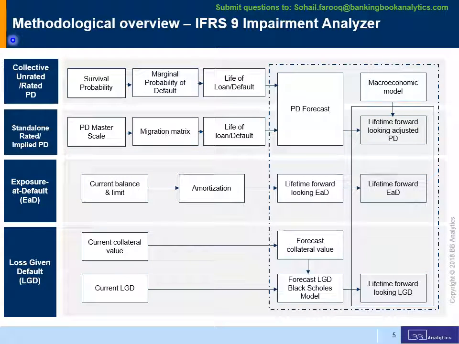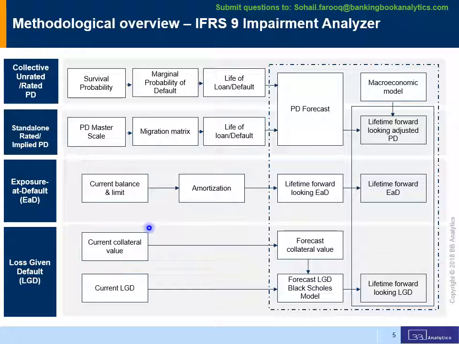What is our methodology? We used Kaplan-Meier's survival probability function, conditioned on life of loan or default. We determined the life of loan using advanced gamma distribution. For the term structure of PDs, we used Markovian approach and also applied numerical methods such as interpolation.